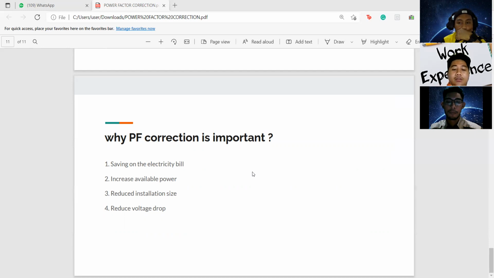Installing PFC equipment allows a conductor cross-section to be reduced, as less current is absorbed by the compensated installation for the same active power. And the last one is reduce voltage drop. Installing capacitors allows voltage drop to be reduced upstream of the point where the PFC device is connected, therefore preventing overloading of the network and reducing harmonics.